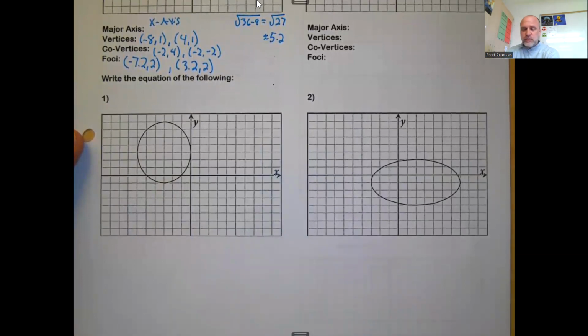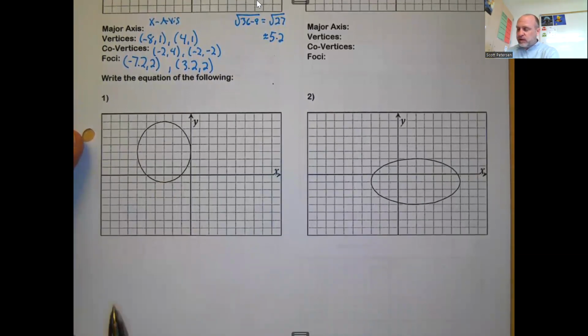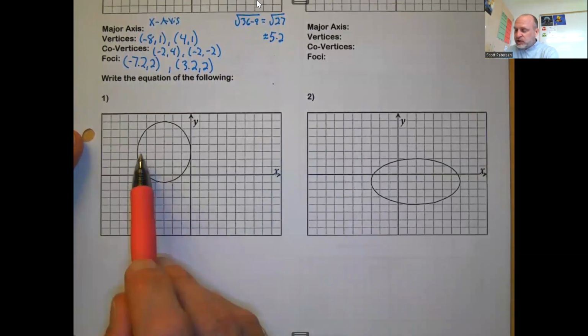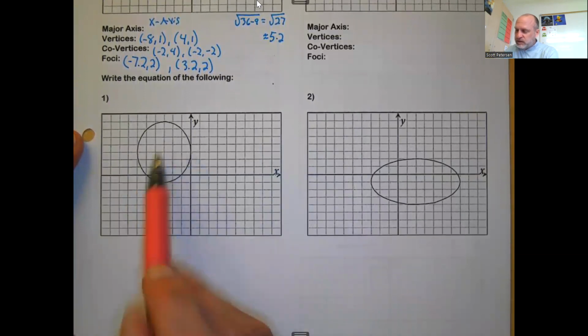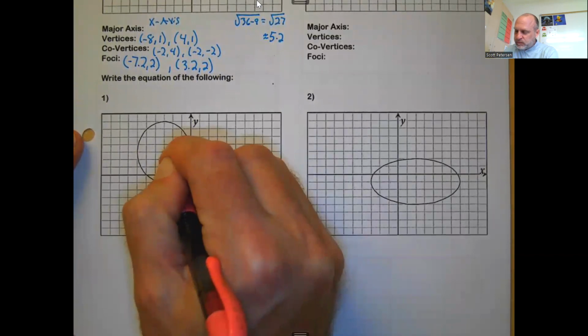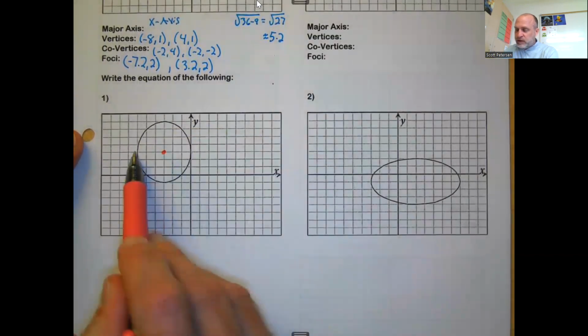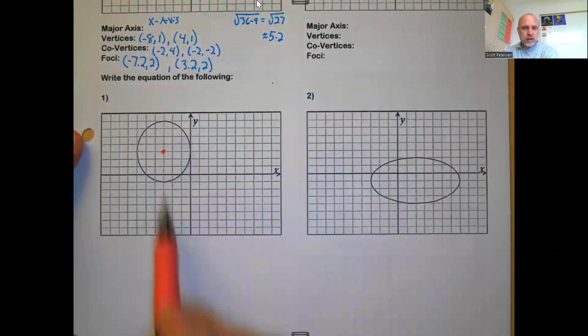Now, first thing you should do is try to find the center. To find the center, make sure you calculate. Looks like from here to here gives us a center point right here. Again, I notice 3 to the left, 3 to the right, up 4, down 4, so that is my center.